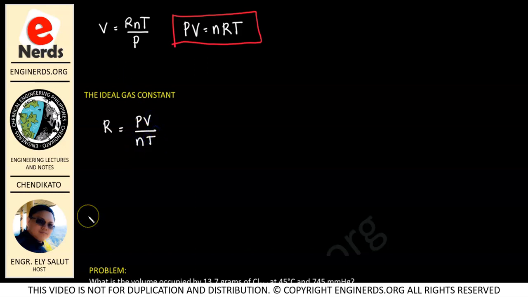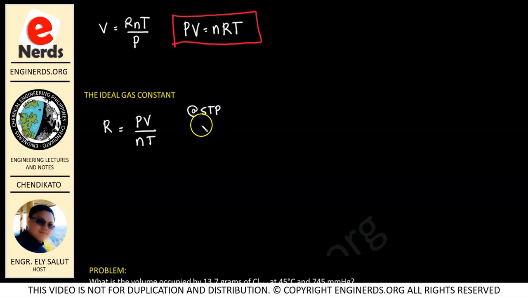Okay? So in our previous lecture also, we discussed about standard temperature and pressure ng gases, no? So we're going to use that para ma-fill natin itong mga data natin dito. So we will be considering our condition at STP, or standard temperature and pressure.